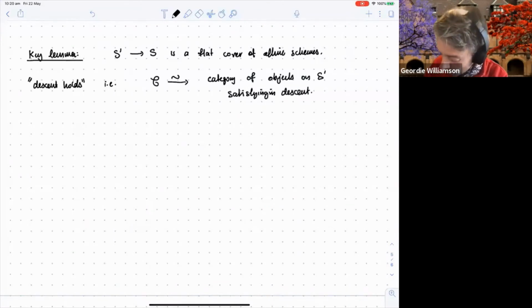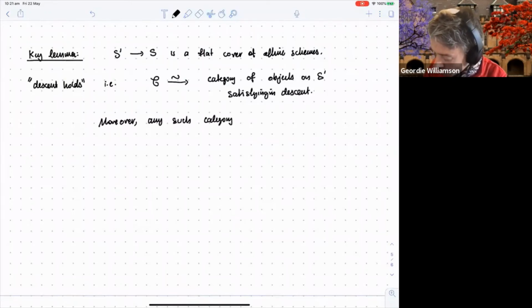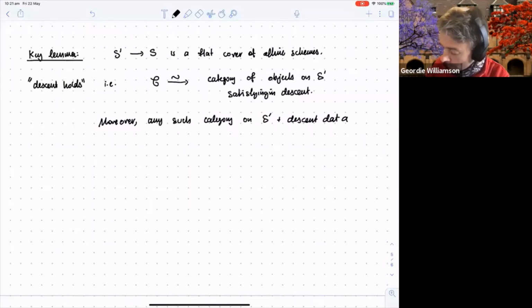And moreover, any such category descends to S. And what this tells us is that now we can make an abstract definition for any stack.